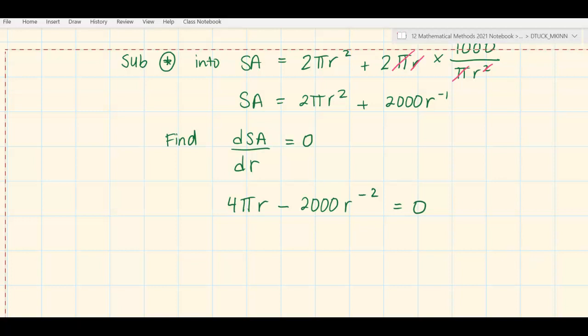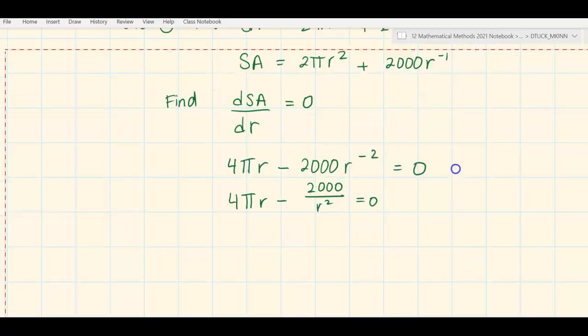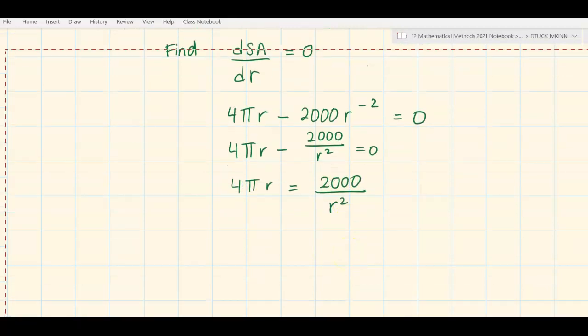Solve. If I write this back as a fraction, it becomes something over r squared equals 0. You can factorize if you want. I think that's going to be a little bit harder than just taking the 2000 r squared to the other side and then multiplying both sides by r squared. So we get 4 pi r cubed equals 2000.